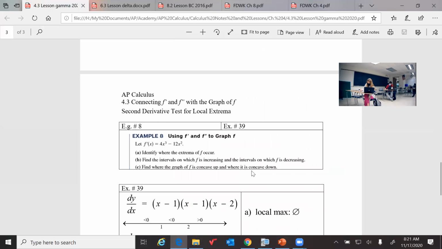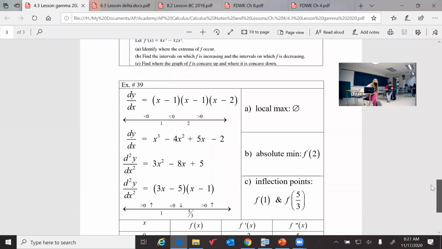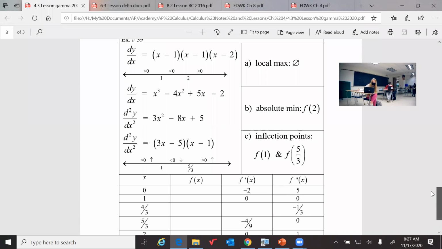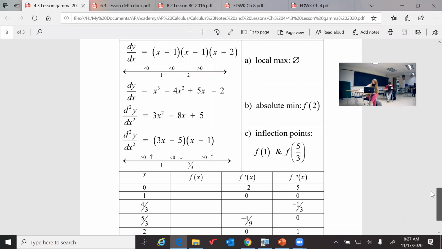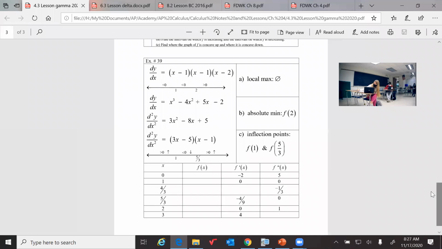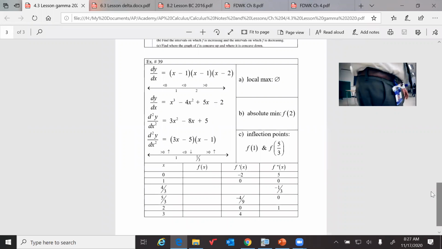We're going to ask you to look at problem number 39. All right, so 39. We rewrote it. Just wrote the factor twice.